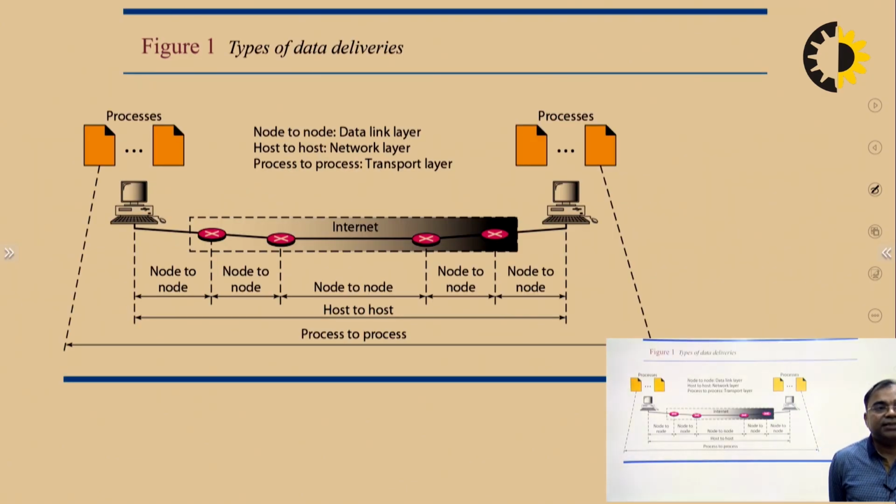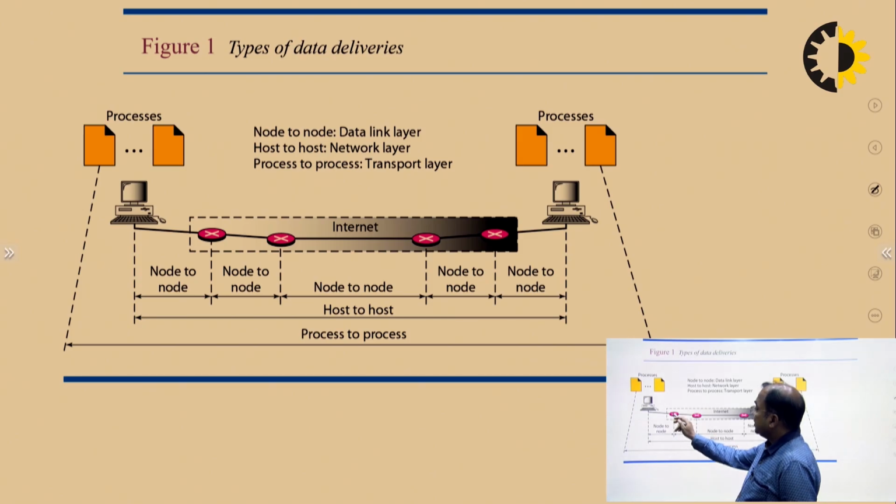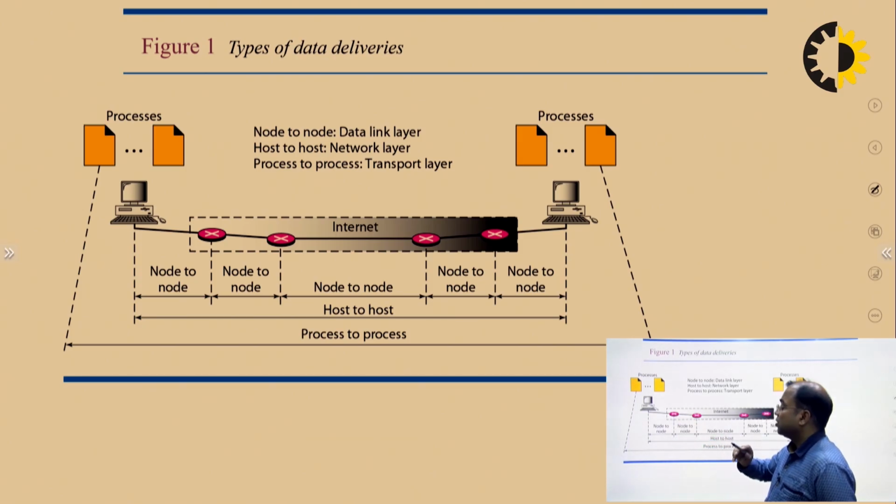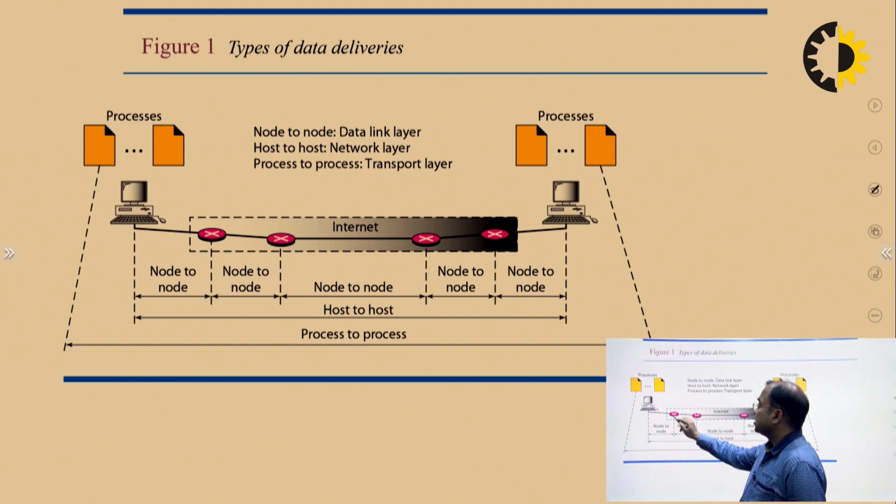So here we can see there are different types of data transfer. As we discussed, we have node to node, host to host, and process to process. If we talk about node to node, a node means every device in a network: every router, every system, every computer is one node. If we deliver the data packet from this computer to this node, it is called node to node delivery.